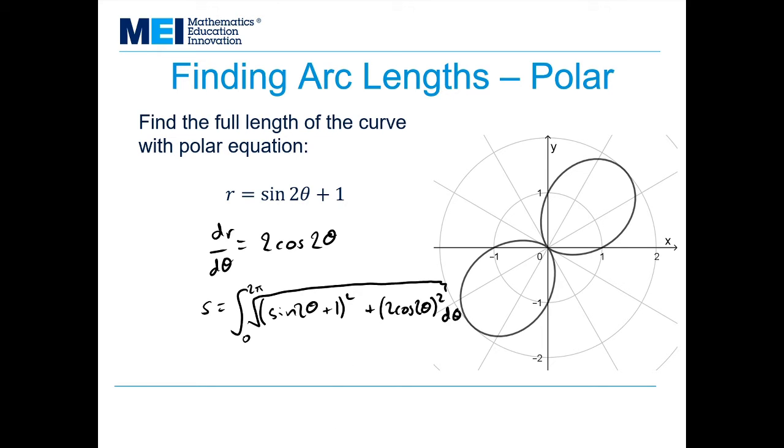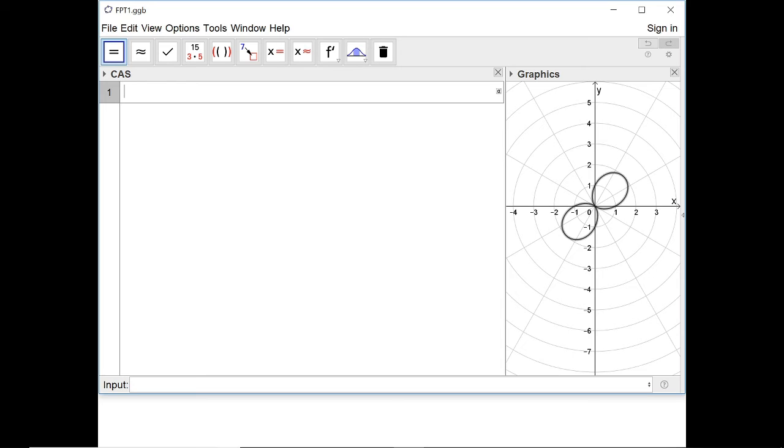Let's do this using the computer algebra. So I'll start with my expression for r. So r is sine of 2 times theta, I can use alt and t to get theta, and then plus 1.